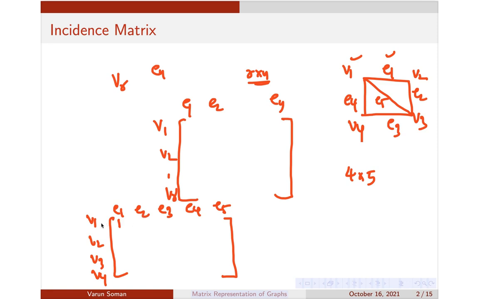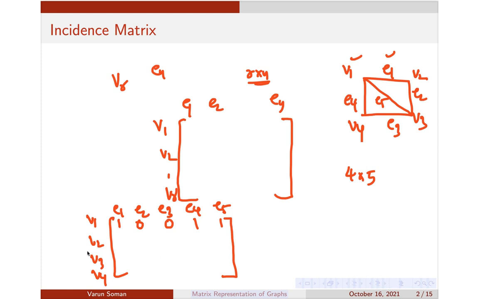Is E2 incident at V1? E2 is not incident at V1, so I'll put 0 there. Similarly, E3 is also not incident at V1, so it will be 0. E4 is incident at V1, so I'll put 1 there. And E5 also is incident at V1, so I'll put 1 there. It's as simple as that.